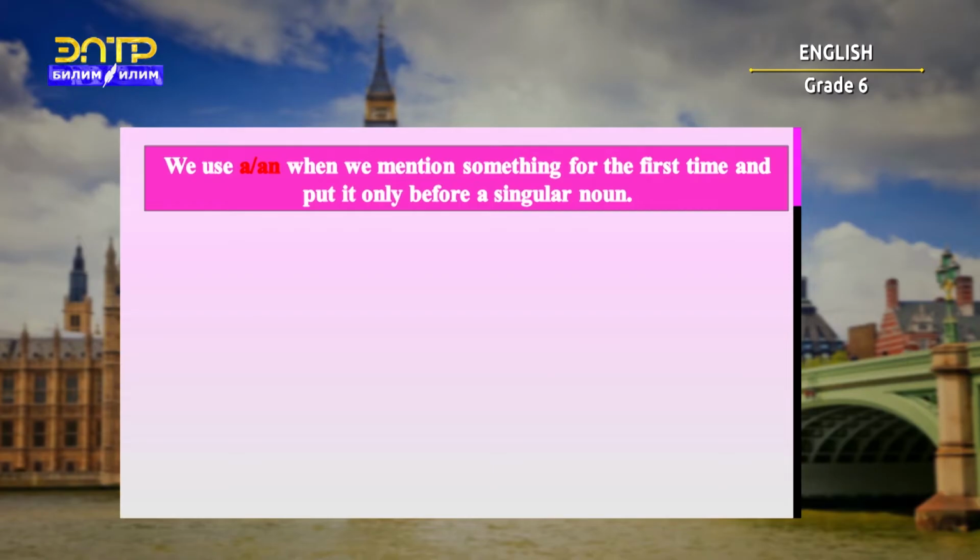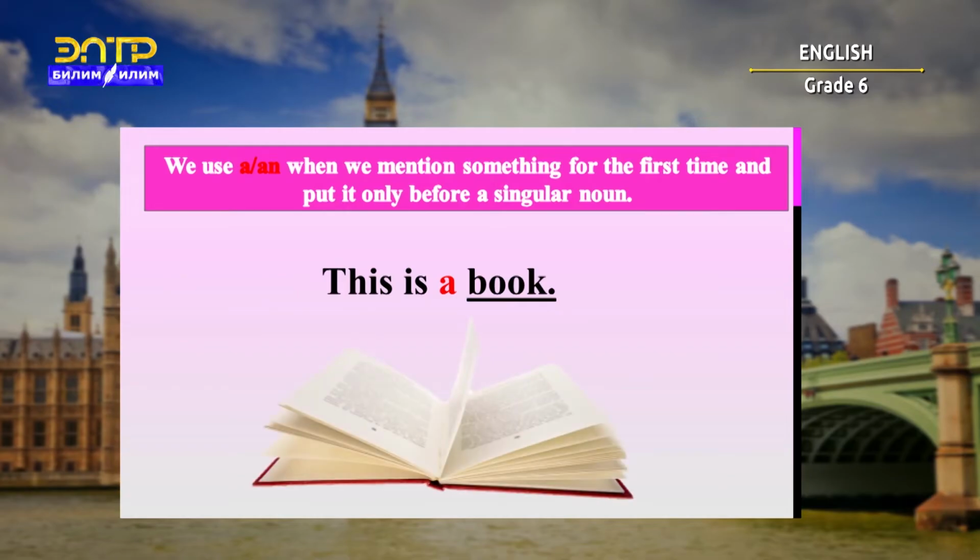We use a or an when we mention something for the first time and put it only before a singular noun. For instance, this is a book. You are hearing about the book for the first time, and there is only one book. Therefore, we put articles a and an.